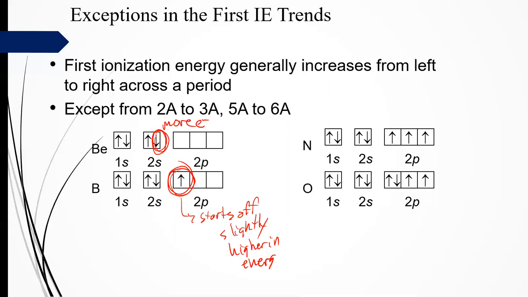So the higher you start off in energy, the easier you are to ionize, because imagine that your electrons are kind of like in a hole. And so the nucleus is down here at the bottom of that hole. And so the lower your energy is, the more energy we have to put in to get it out.